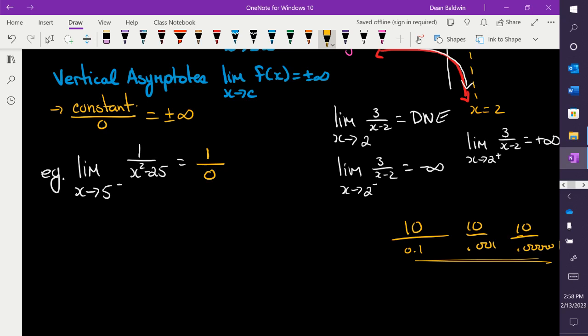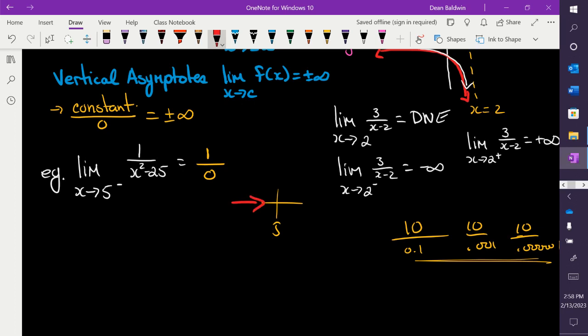What you have to ask yourself is, is it going to be a quote unquote positive 0 or negative 0? Now I know 0 is not positive or negative, but if you think about it, you're doing a limit. You're coming from 5 negative, so the negative side of 5. There's negative 5. I'm coming from positive 5, and I'm coming from the negative side, so I'm coming this way.